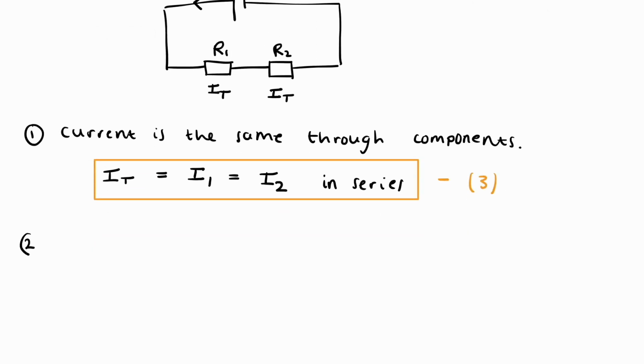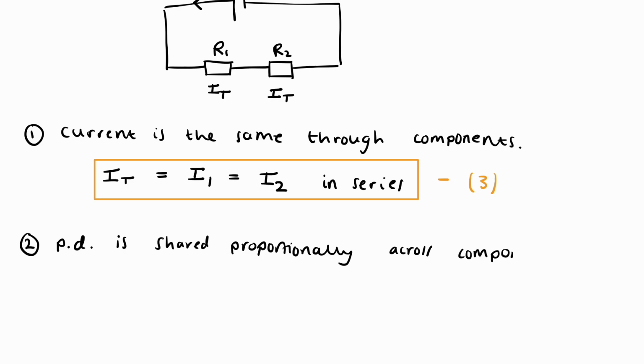Our next rule is that potential difference is shared proportionally across components. If you'd like to better understand why this is the case, I recommend you go back to my previous video.